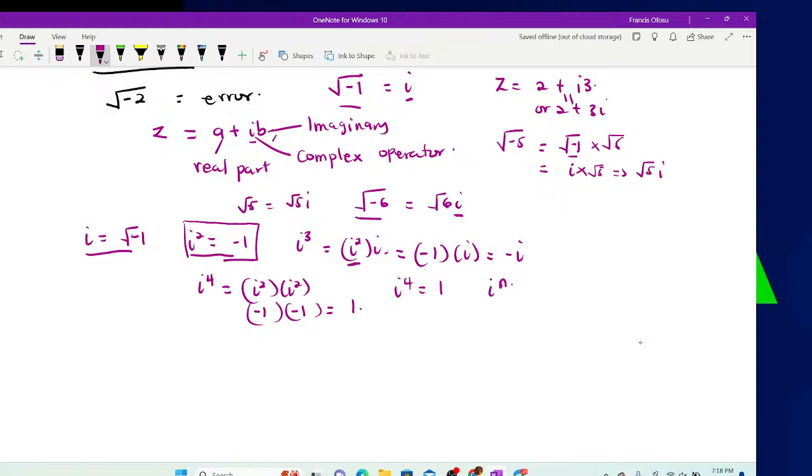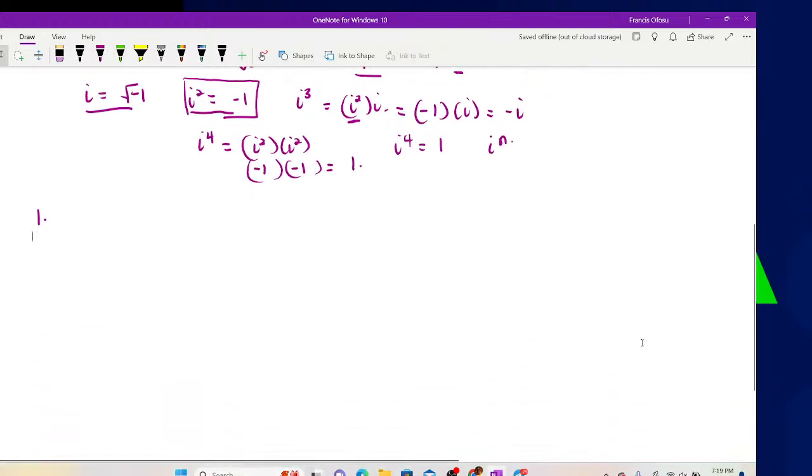At this point, let me give you a simple problem and see how we can find the higher powers of i. This is the question. Simplify the expressions below.